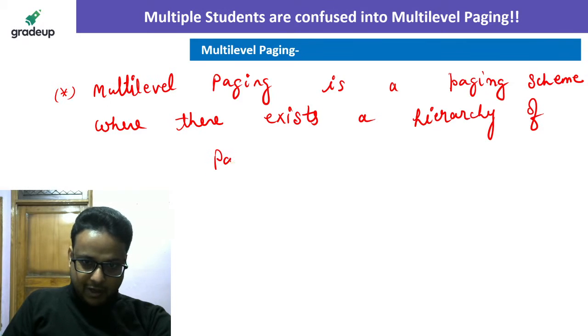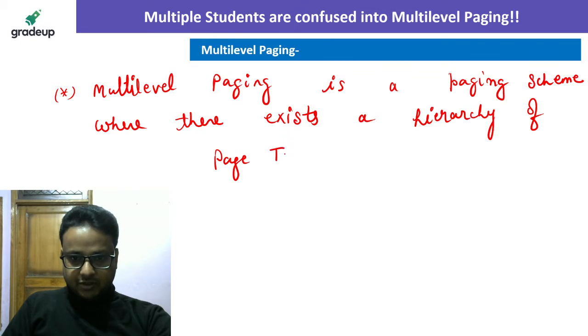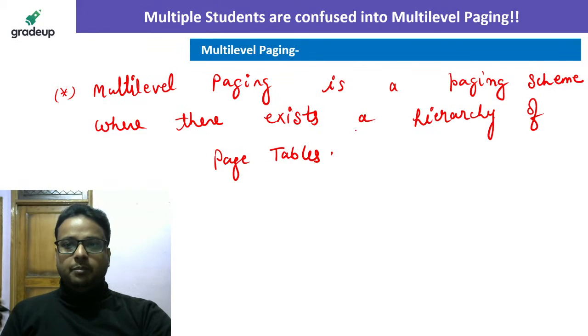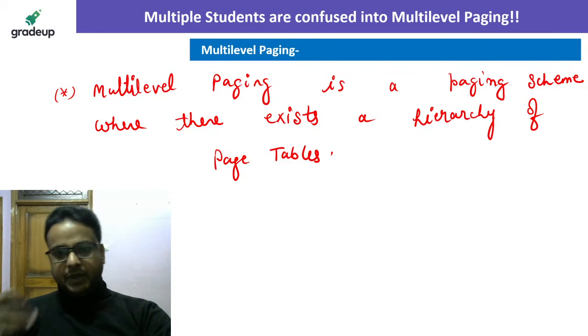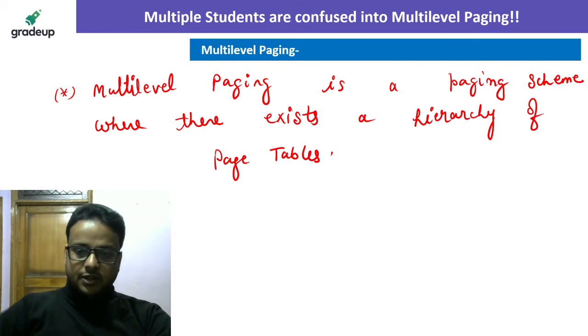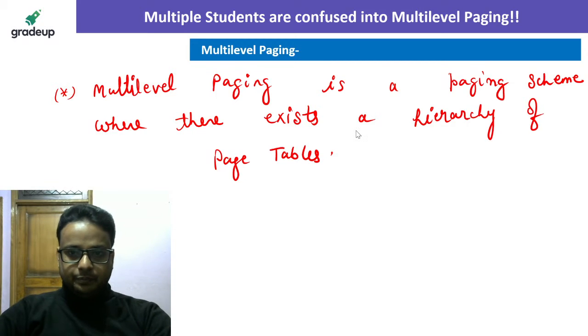So we have multiple, or we can say many, page tables, right? Multi-level paging is a paging scheme where there is a hierarchy of page tables, like one page table, two page tables, three page tables. This is called multi-level paging.